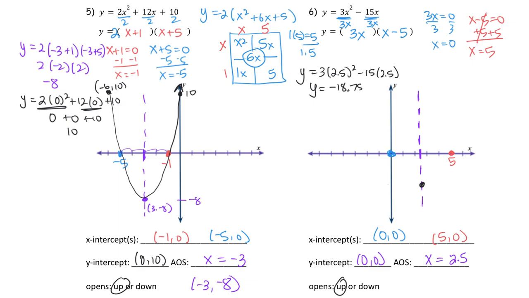We don't have to worry about exactly where that is. We're just going to roughly know that it is down here on the bottom part of our y-axis. So at 2.5, it comes out to negative 18.75. That's roughly where I've graphed it. And I can connect my graph here, and I get a rough sketch of my parabola.